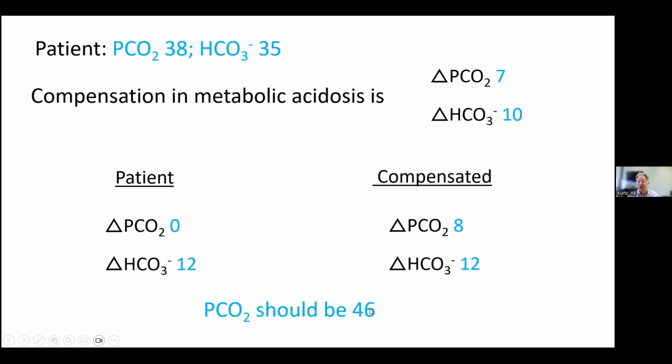So if this was someone who had a metabolic alkalosis that was compensated, clearly the PCO2 would not have stayed unchanged, and we would have predicted that it would have gone up to 46.